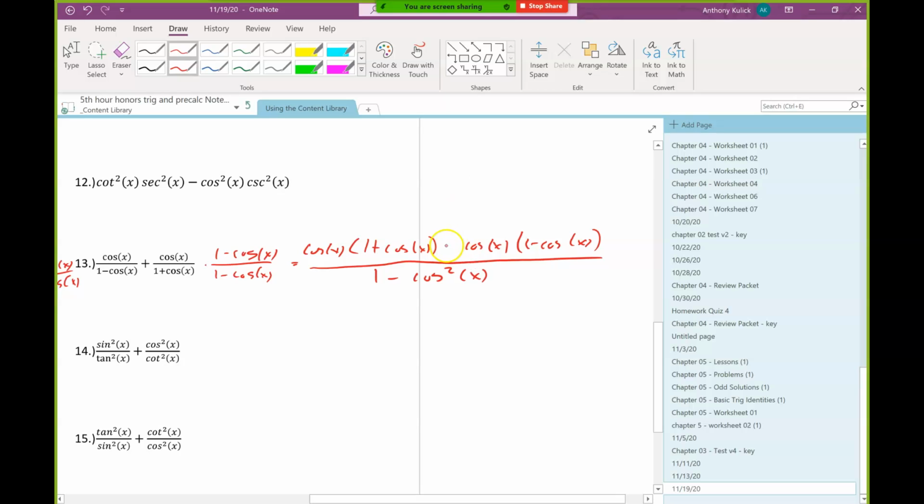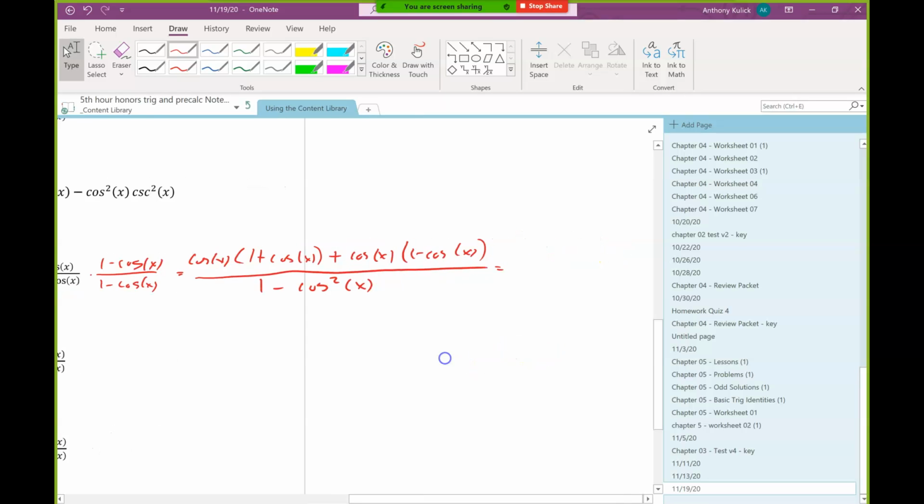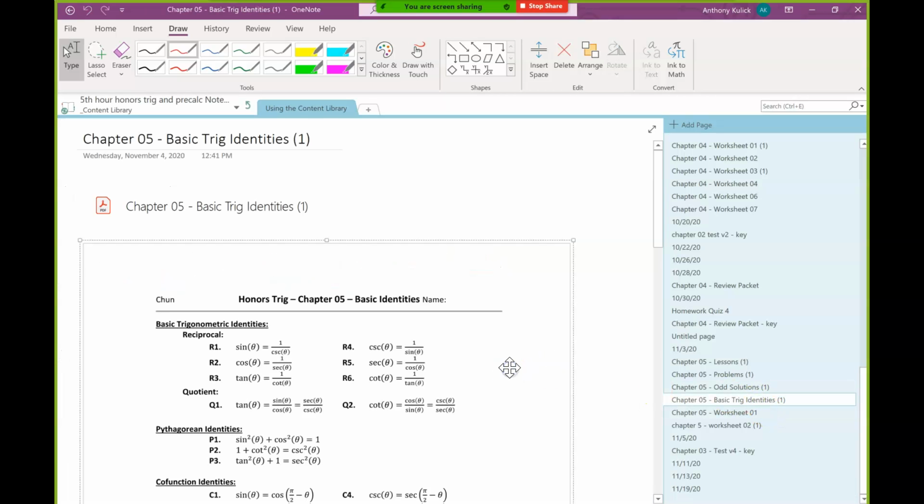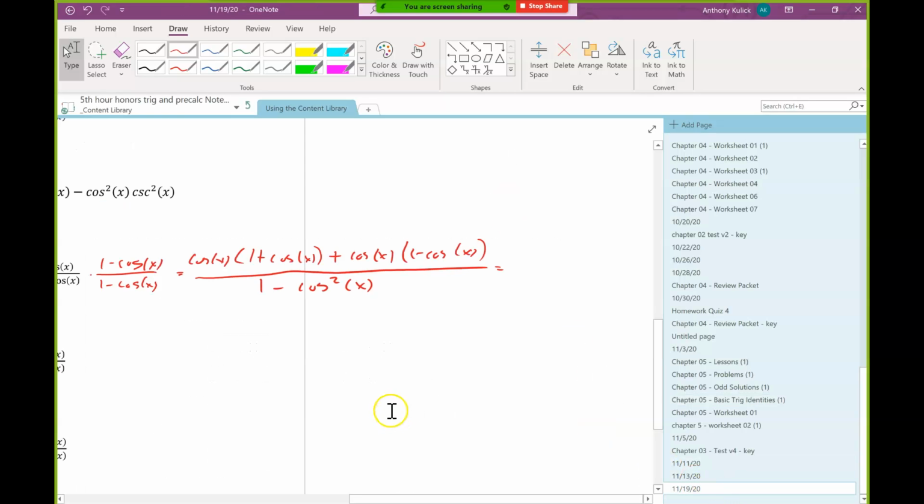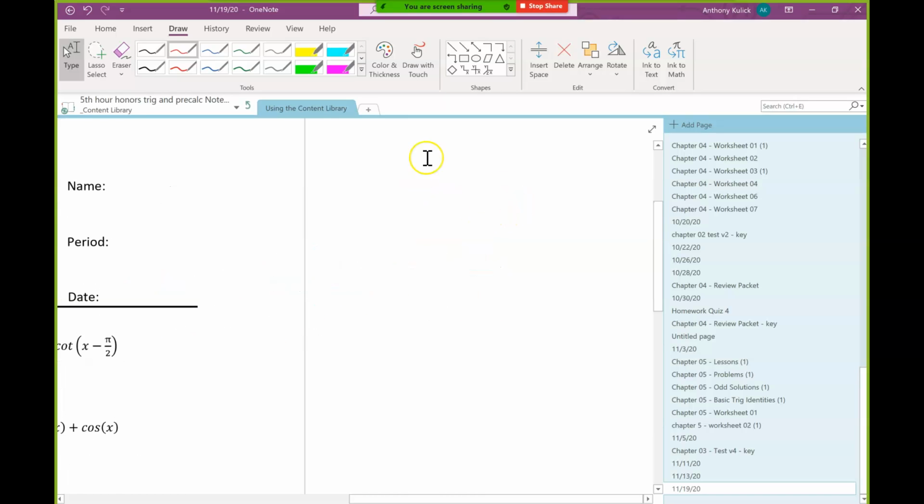I hope that's okay that I skipped the foiling there. So if I look at 1 minus cosine squared x, and I look at my identity sheet, I have something there that I can use.